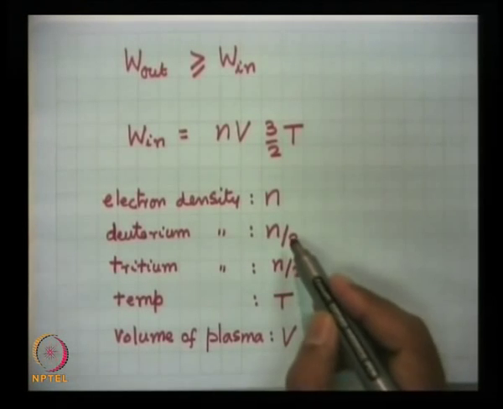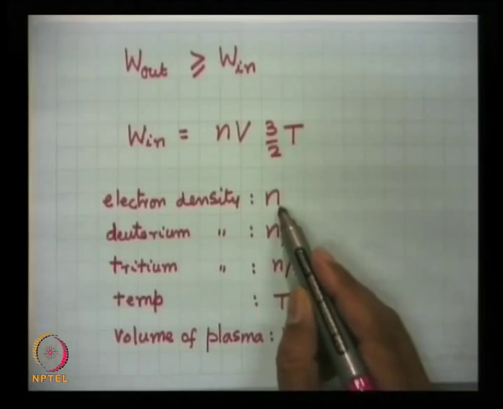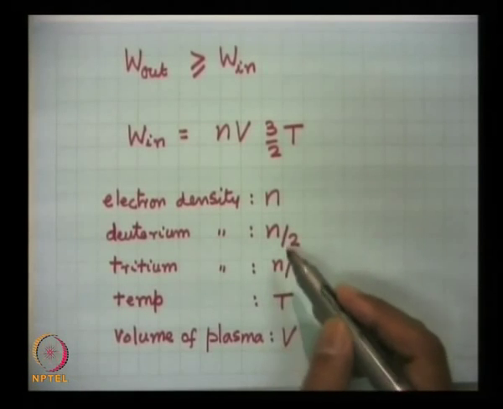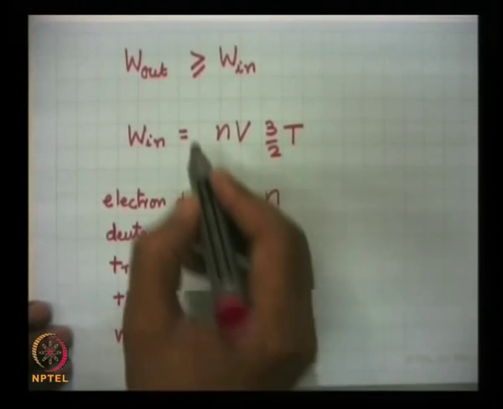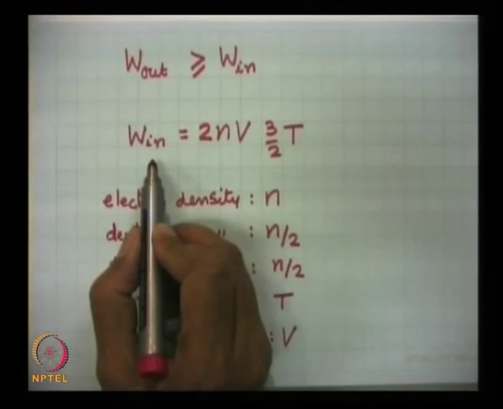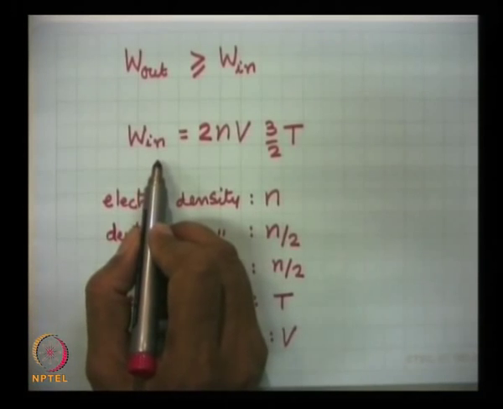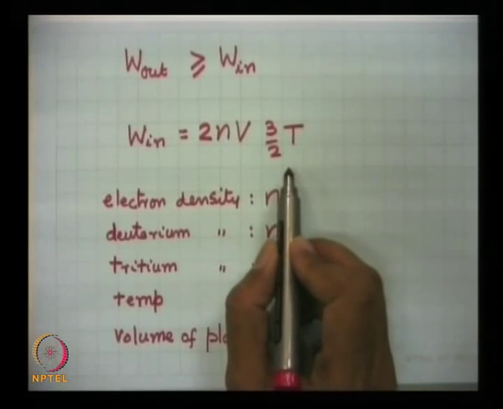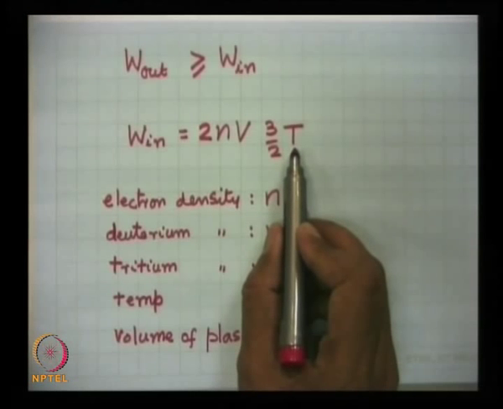If you count the total number of particles, electrons plus deuterium ions plus tritium ions, then this becomes 2n. So, this is the right equation. So, the total energy input that you have to provide to initiate the process is so much, where T has to exceed 10 keV.